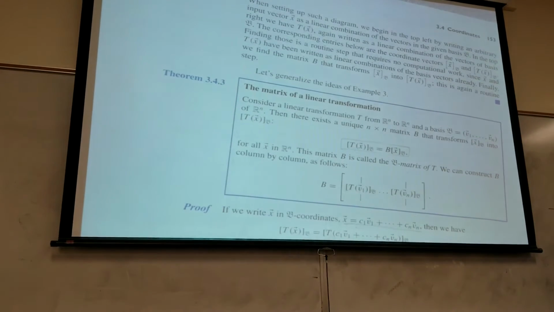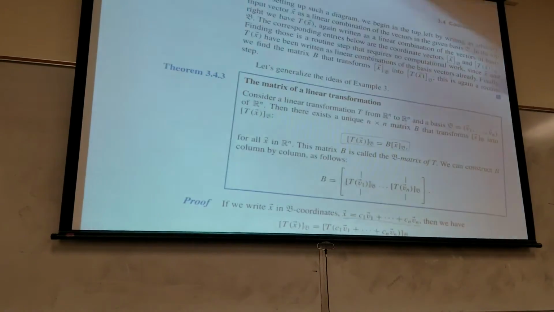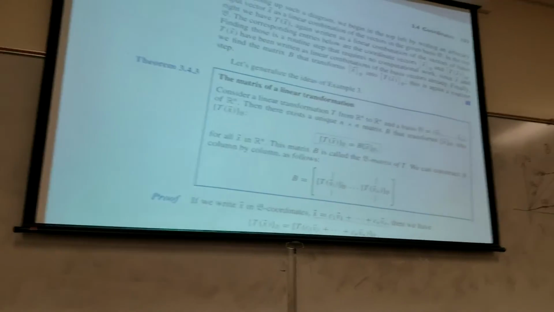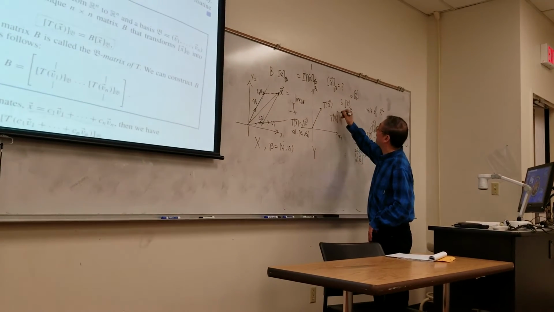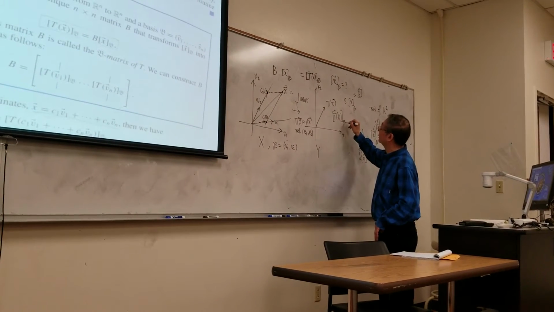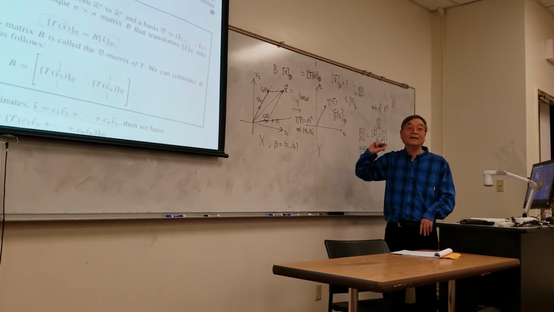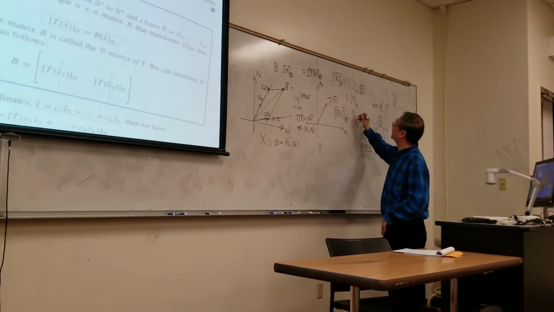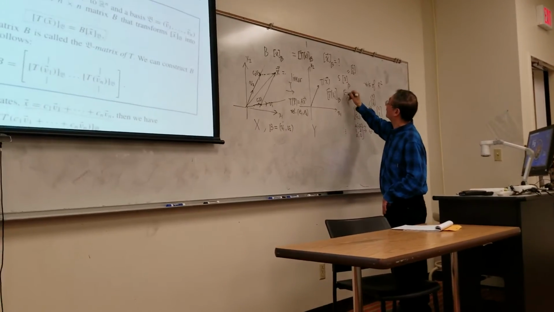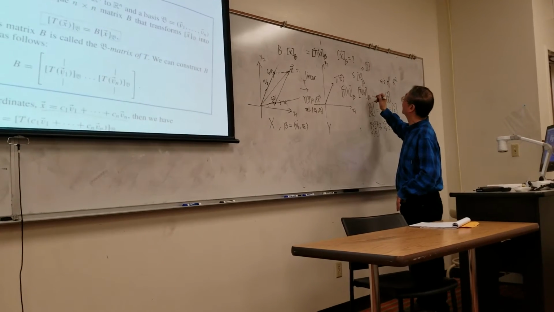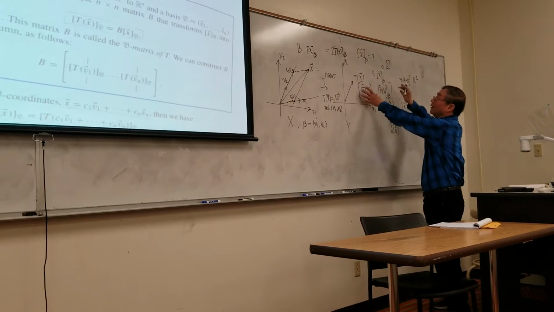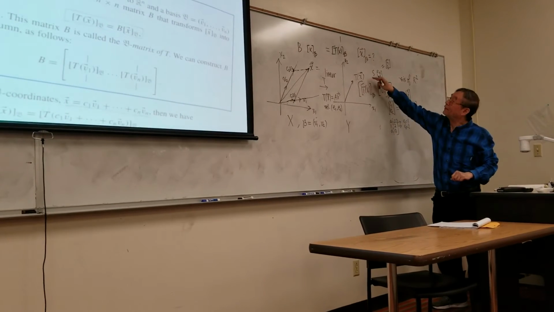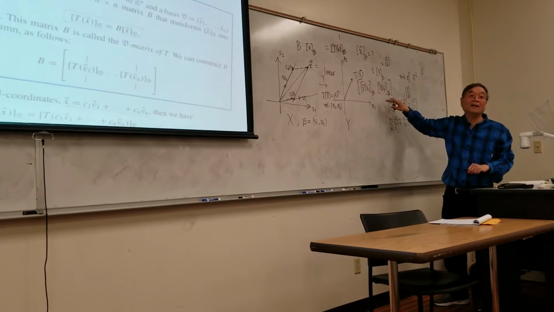So, what do we need to do? You give me T, right? I'm going to apply this to V1 and then find the coordinate vector. And then I do the same thing, T V2, coordinate vector. Now I have 2 vectors, put them in a matrix. First column, second column, right?